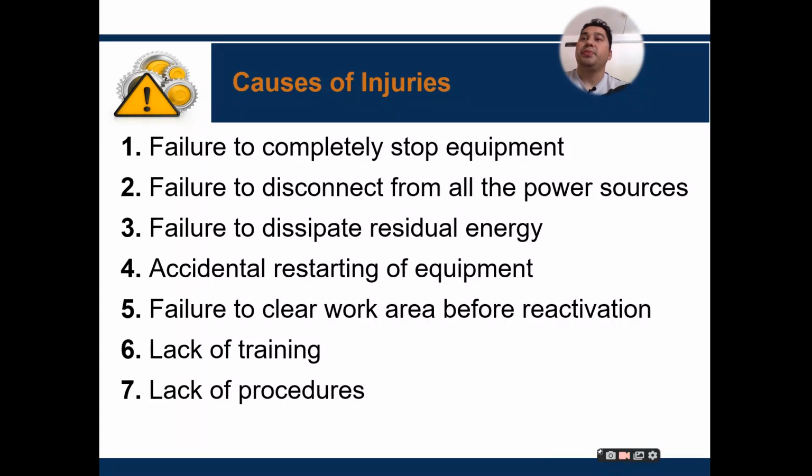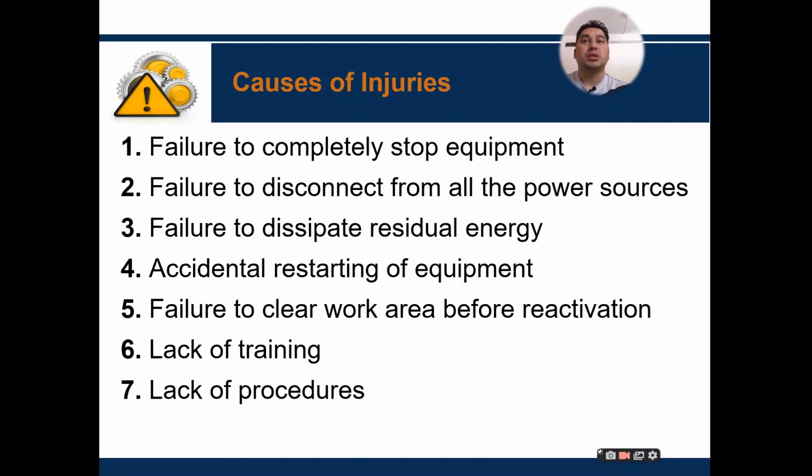A cause of injury: failure to completely stop equipment. They are not stopping the equipment properly and they start to work. Failure to disconnect from all the power sources. Failure to dissipate residual energy. Accidental restarting of equipment, restarting in the middle of the maintenance. Failure to clear the work area before reactivation, not clearing the area before reactivating the machine.